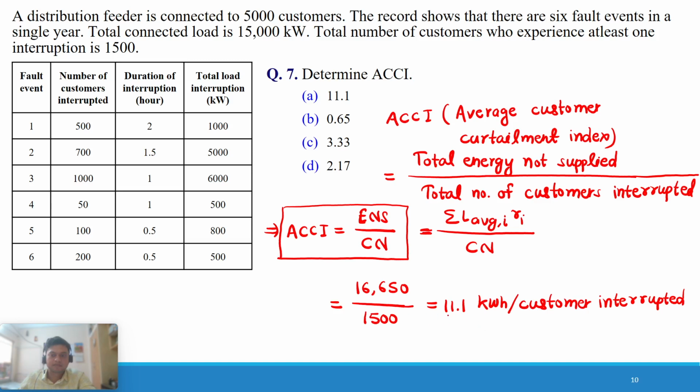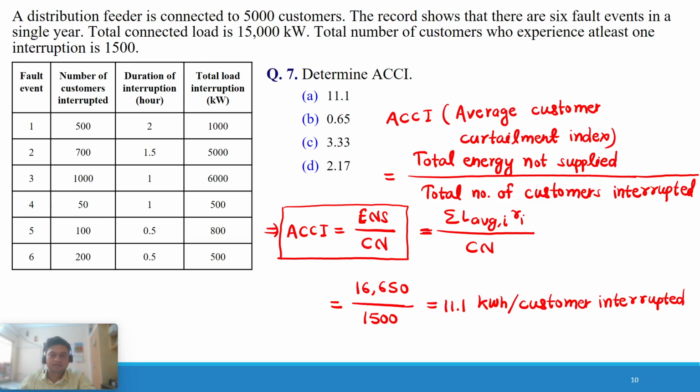more amount of energy. Why? Because we are calculating this average among the customers who were interrupted, and in the last problem we calculated the average with the ratio of number of customers served.